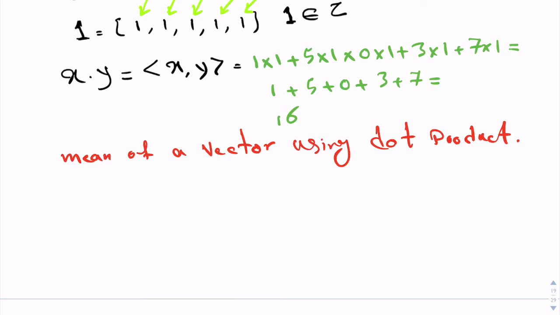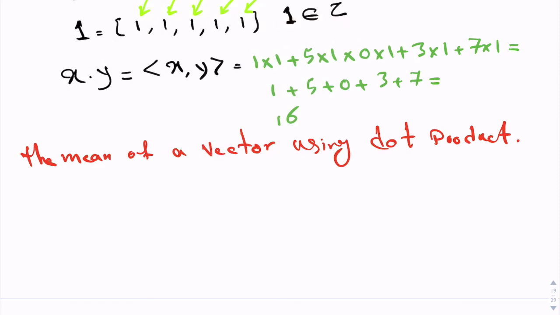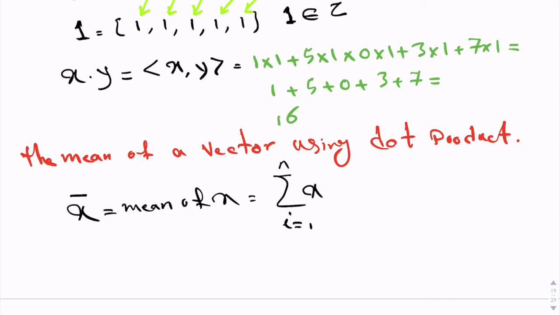The mean of a vector x, denoted by x bar, is equal to the sum of all elements in this vector, and then dividing this by n.